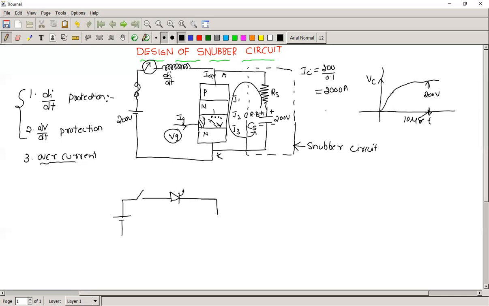Here you take the dI/dt inductor. This is the dI/dt inductor. Here we have taken the load resistance RL.